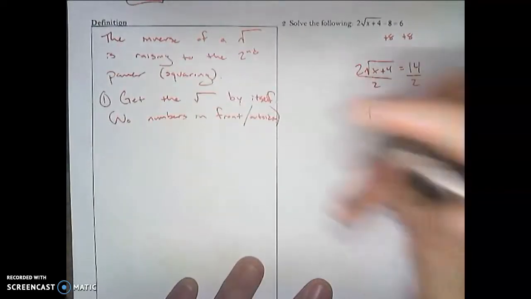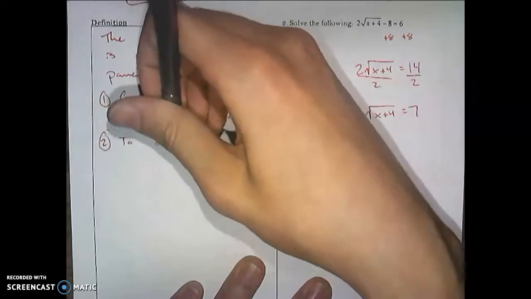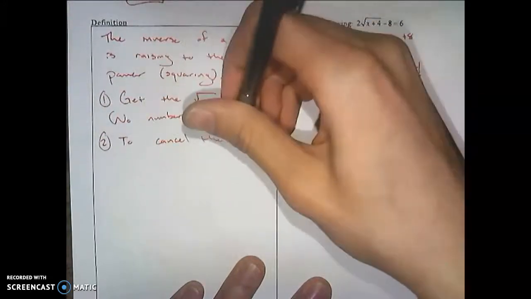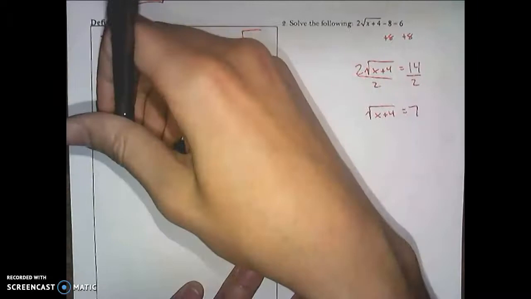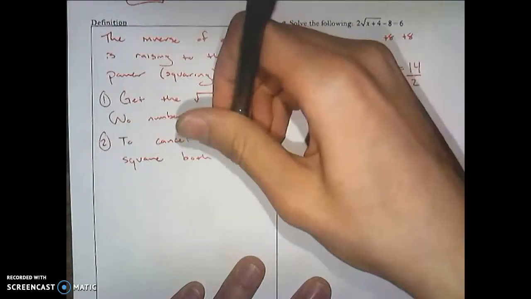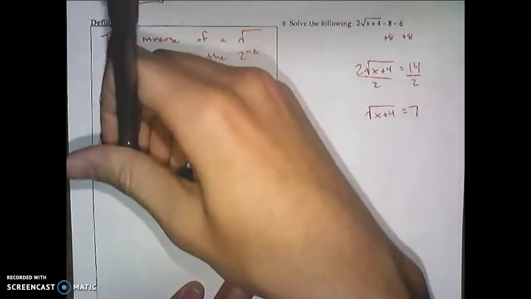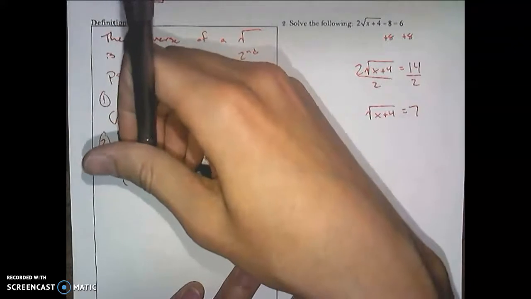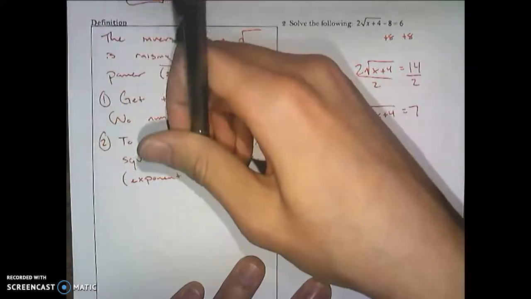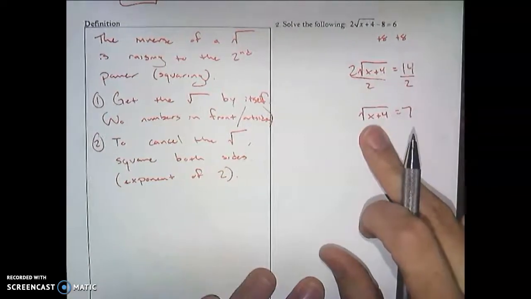Step 2, in order to cancel the square root, we need to square both sides. And as a reminder, squaring is taking the second power, or it's an exponent of 2. So returning to our example, we've got the square root of x plus 4.